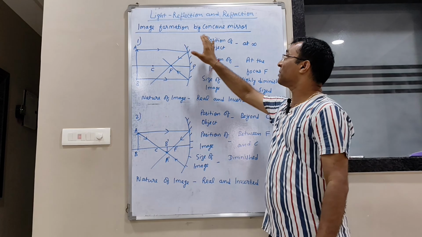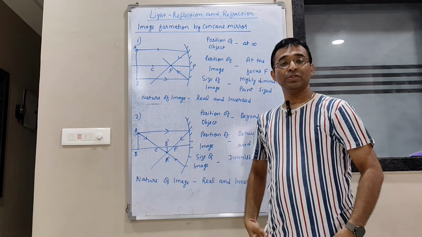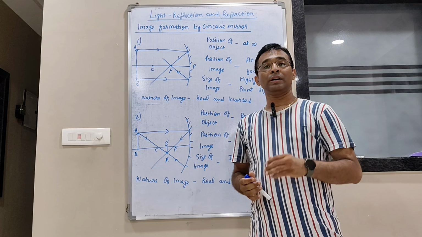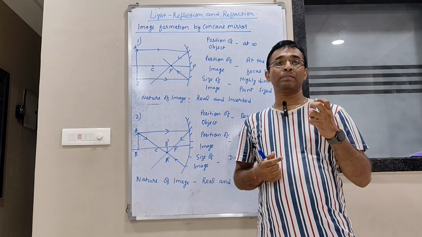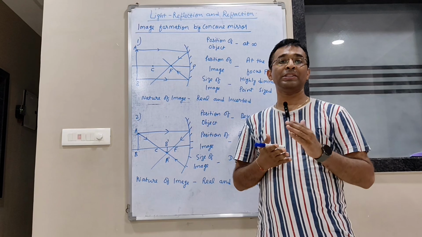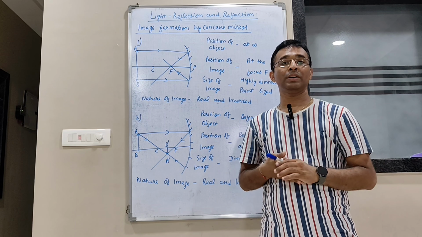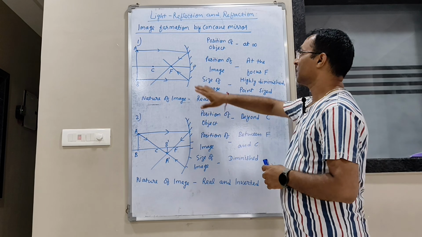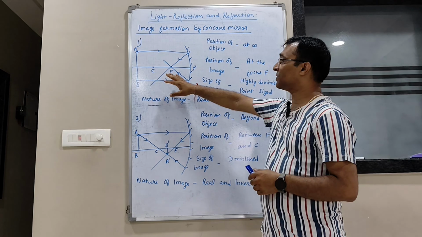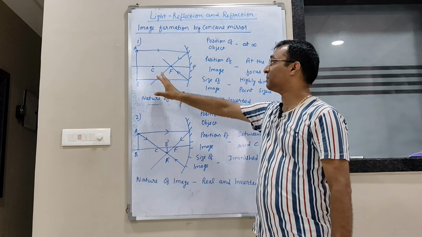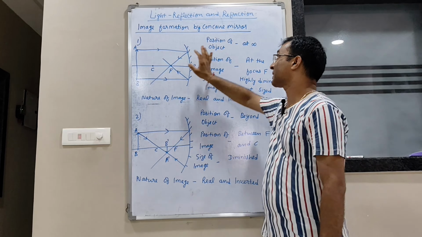Next topic, image formation by concave mirror. Here we will look into the different types of images which are formed by changing the position of the object. First, as you can see in this diagram, the object is placed at infinity.